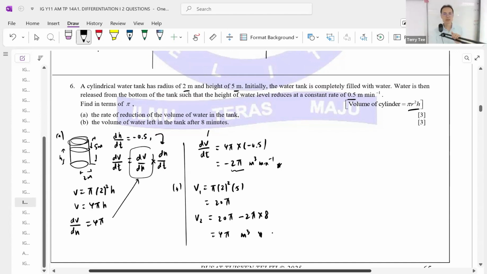That's why we can take dV/dt, negative 2 pi, multiplied by 8. It's not that the rate is accelerated or reduced. It is constantly reducing at this rate because your dV/dh is a constant and your dV/dt is a constant. So we can use this.